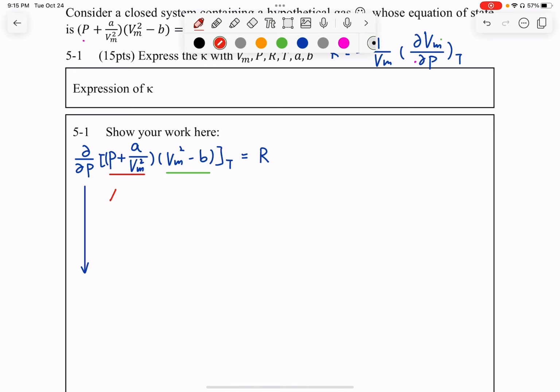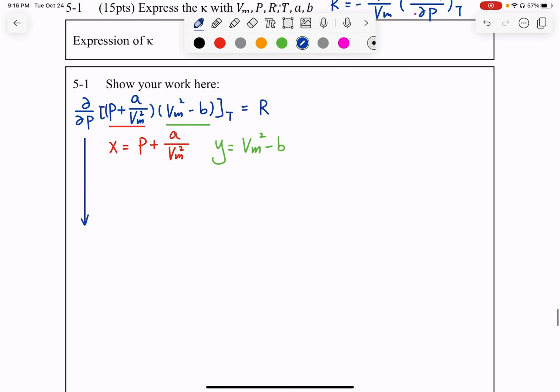So let's set x equals P plus a over Vm squared, and we will set y equals Vm minus b.